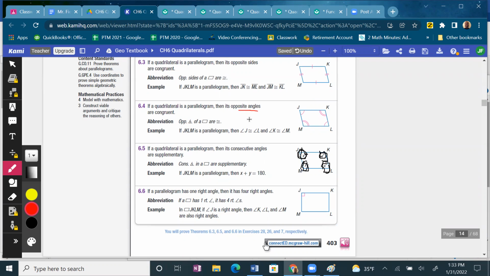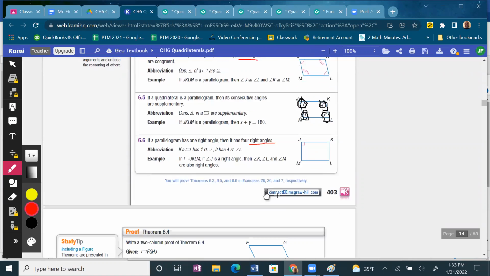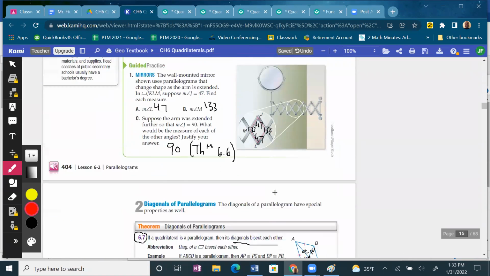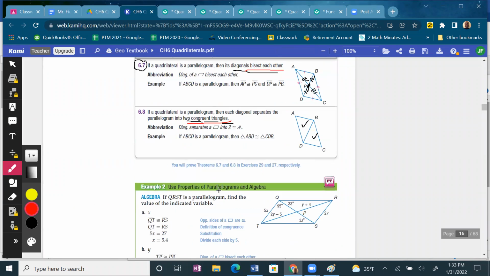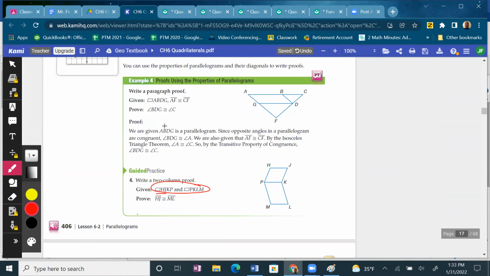Theorem 6.4: consecutive angles are supplementary. If there's one right angle, it has 4. What else? 6.7: its diagonals bisect each other. It splits into two congruent triangles. 6.8. So we have a whole list of tools in our toolbox to prove that HJ and ML are congruent.